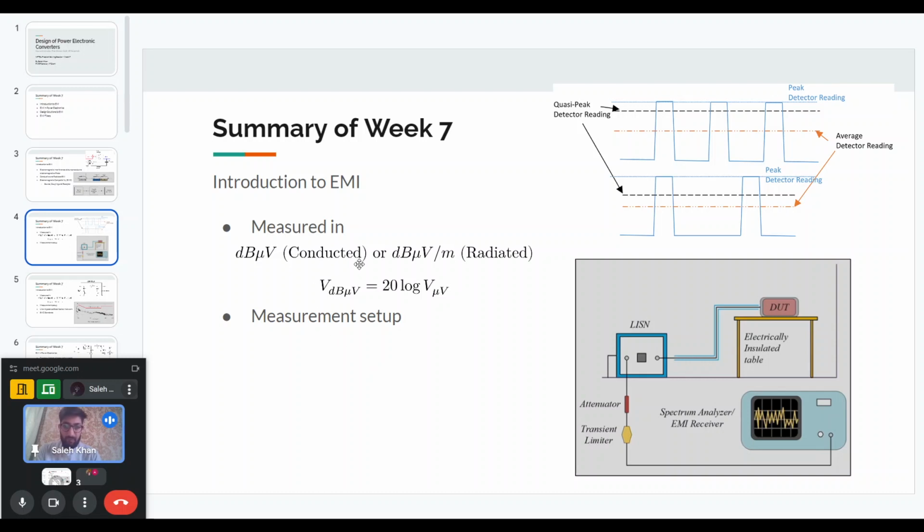The way we find the decibel microvolt is we find the voltage in microvolts and take the logarithm base 10 of that, and then multiply by 20. Then we get the decibel microvolt of the EMI.